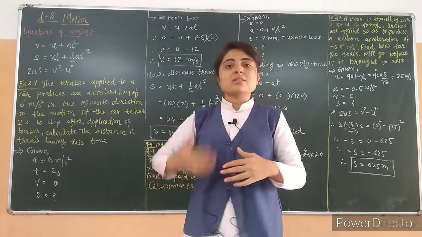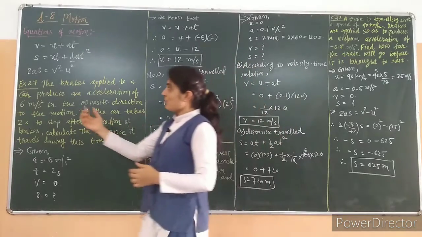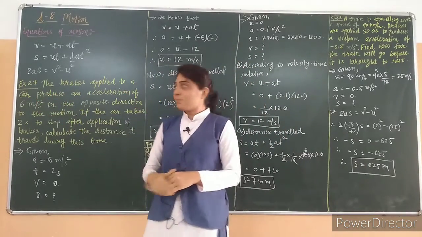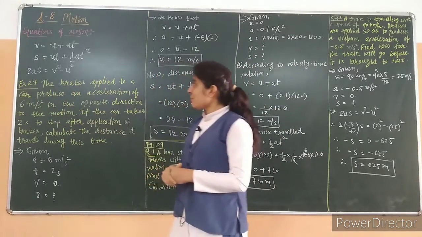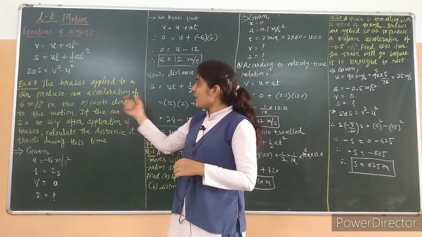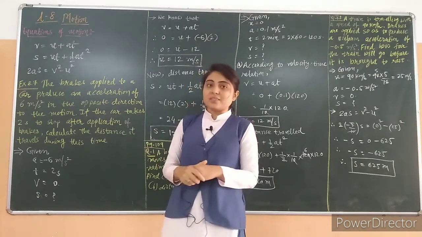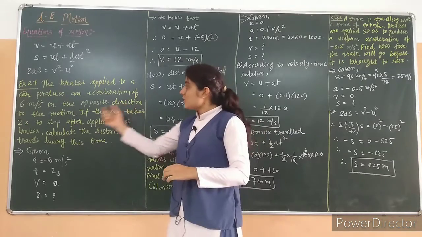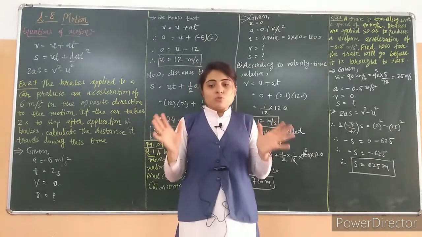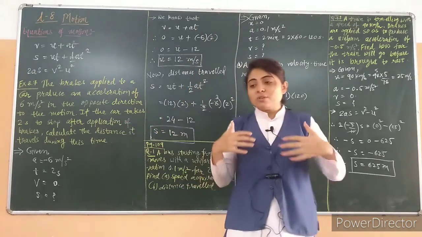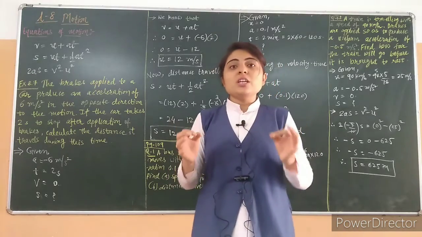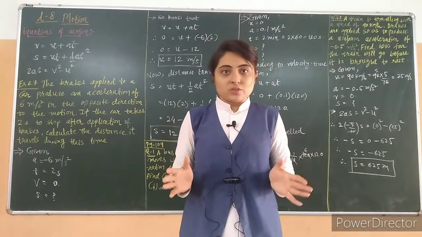Now let us do the next example, that is example 8.7. What is the question? The brakes applied to a car produce an acceleration of 6 meter per second square in the opposite direction of the motion. Whenever we are doing the numericals, we need to understand the problem first.